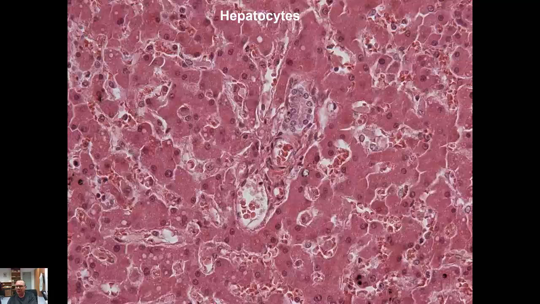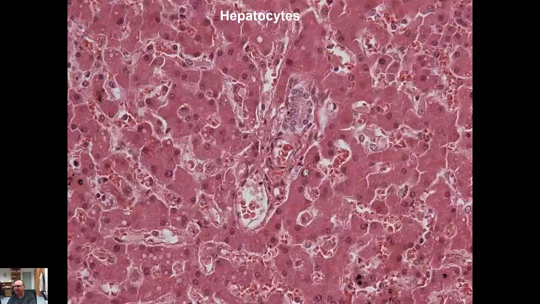They have usually one central nucleus, but it isn't exceptional to find hepatocytes with two nuclei, but usually not more. Their cytoplasm is highly eosinophilic because they contain very many mitochondria. Somebody counted each hepatocyte can contain 2000 or 2500 mitochondria, so very many, and that's why the cytoplasm is eosinophilic.